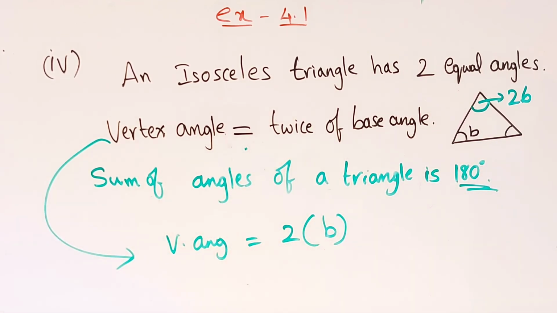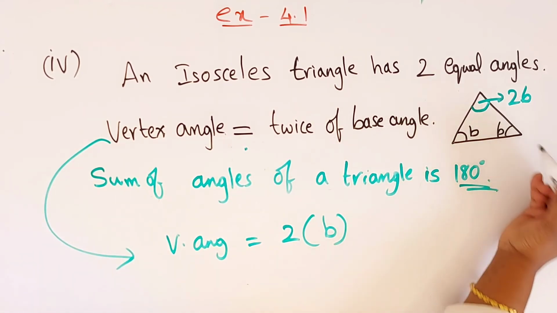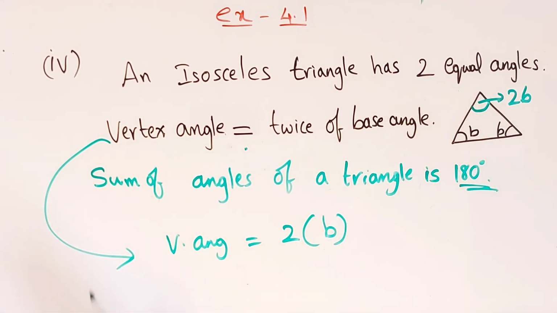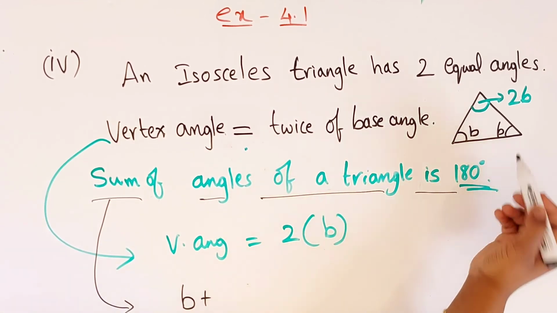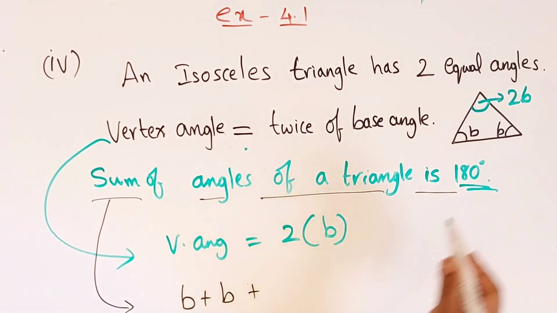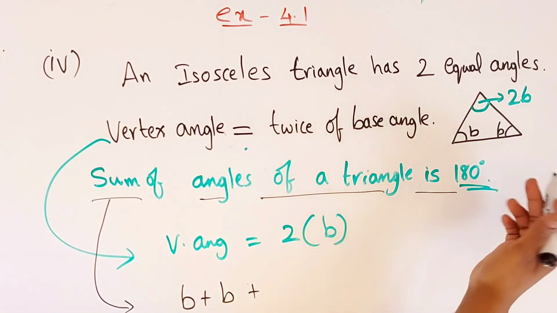Now we know that 2 angles are same. If this is B means this is also B. Right, now what is the statement? Sum of angles of a triangle is 180 degrees. That means sum of angles of a triangle, this angle B plus this angle B plus vertex angle, now we found 2B.